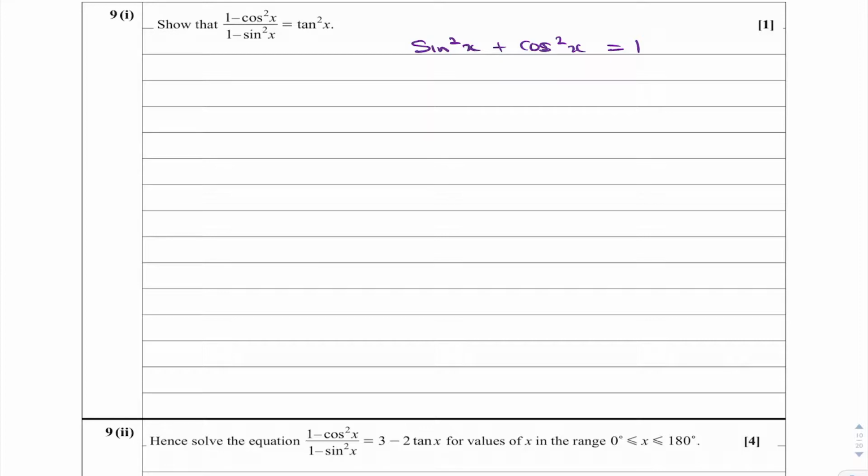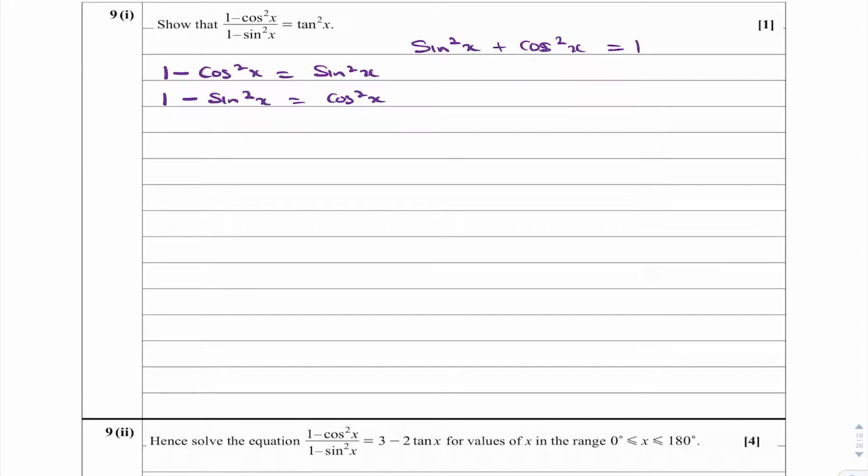Therefore, I can rewrite 1 minus cos squared x equals sine squared x, and 1 minus sine squared x equals cos squared x.